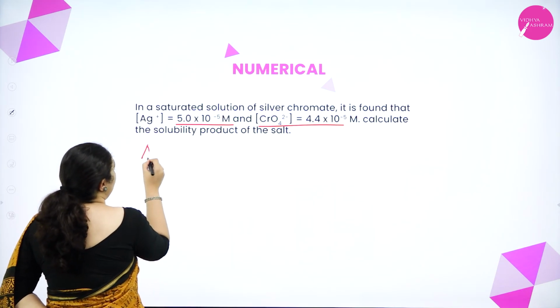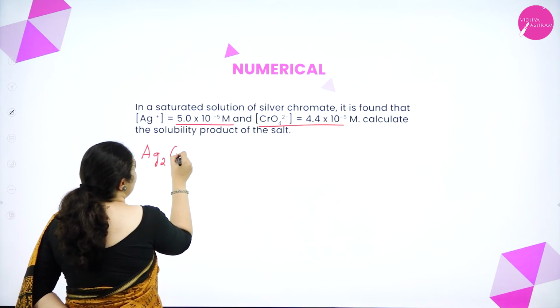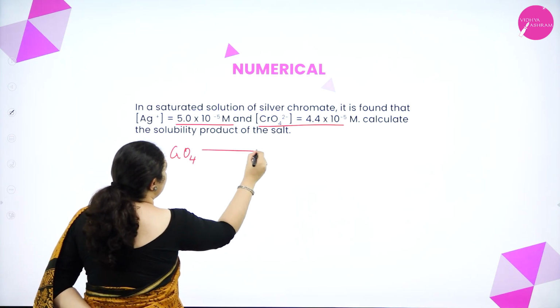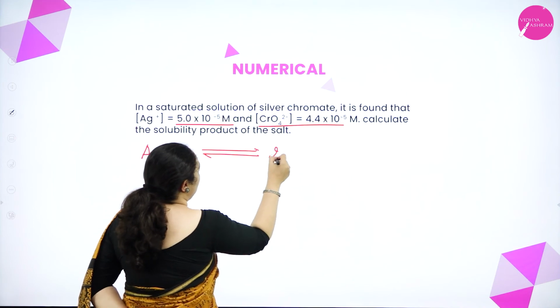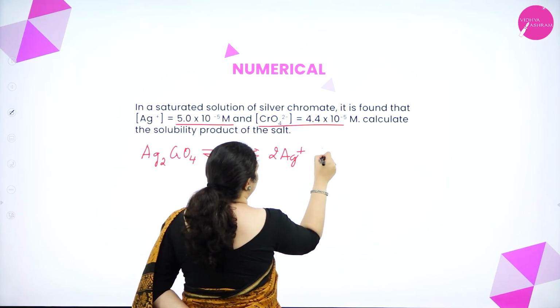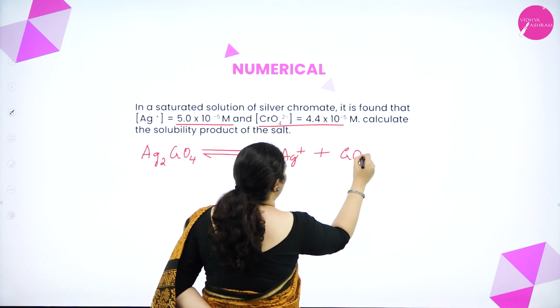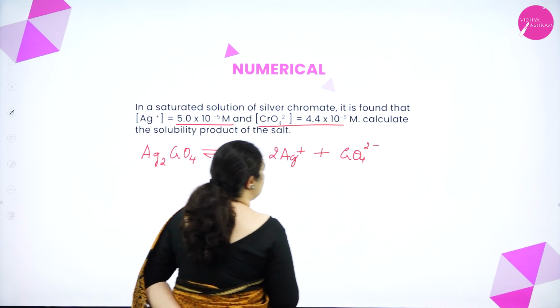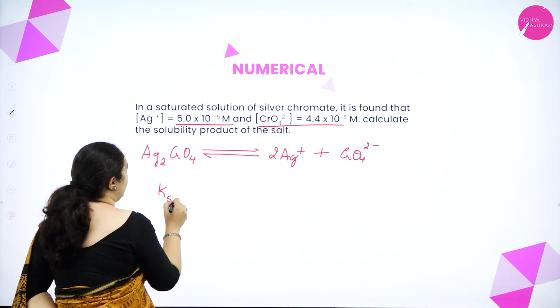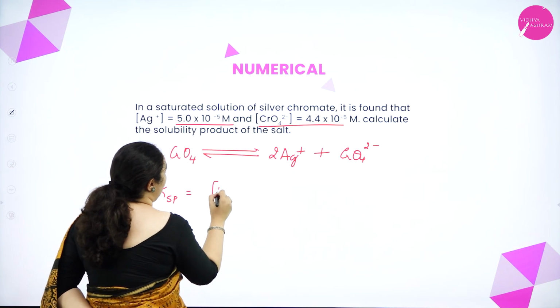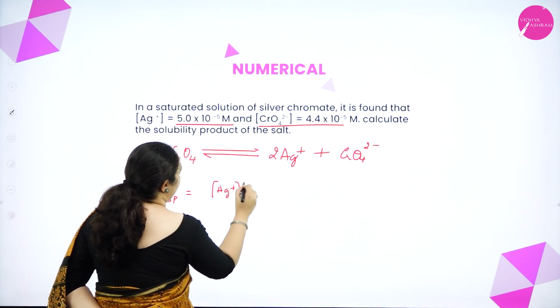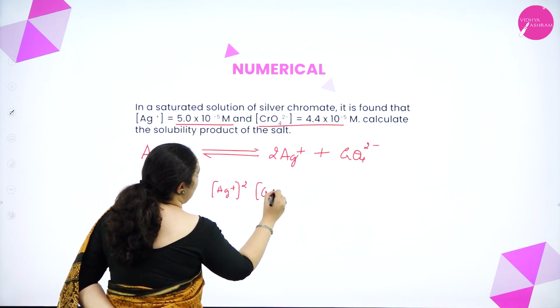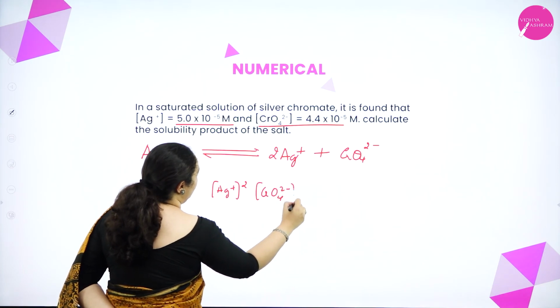Now, silver chromate Ag2CrO4 will dissociate to give 2Ag plus and CrO4 2 minus. Solubility product Ksp is equal to Ag plus to the power 2 into CrO4 2 minus.